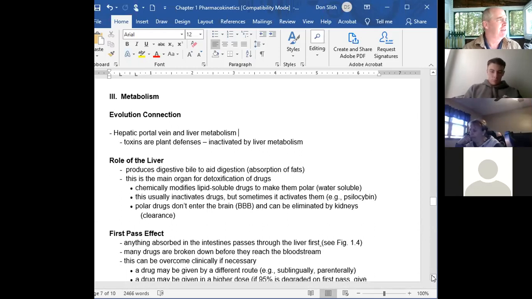But if you think about it in terms of evolution, animals eat plants to live, and some plants don't want to be eaten. So they've developed, through evolution over time, toxins. So the animal eats the toxin and gets sick. And you've got a variation of population. Some animals will not get sick, and they'll pass those genes on. The reason they're not getting sick is because their liver breaks down that toxin.